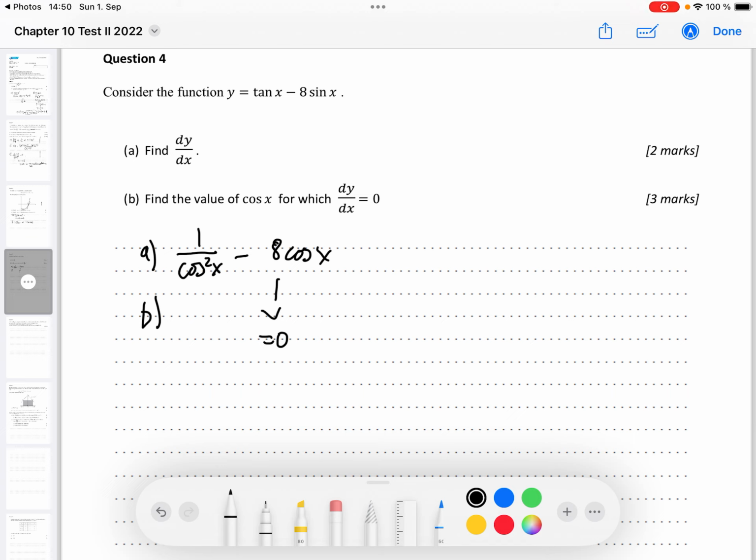And we just input it into our calculators now, into the equation solver. So we go to solve, 1 over cos x squared minus 8 cos x is equal to 0.